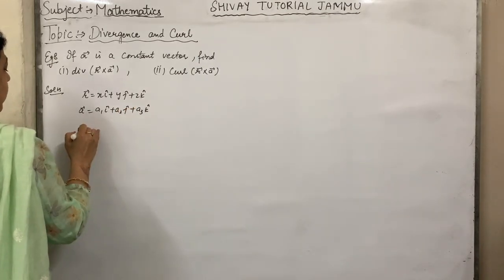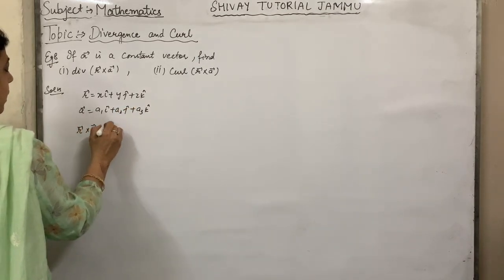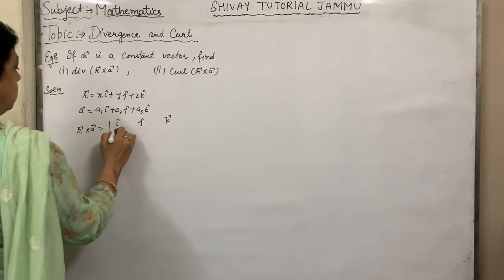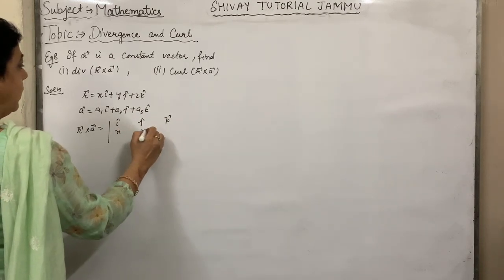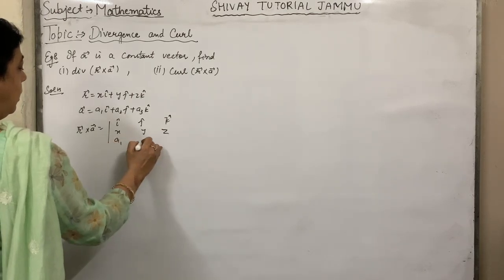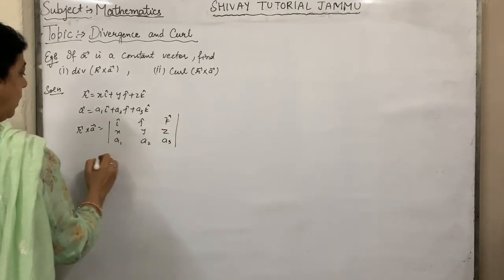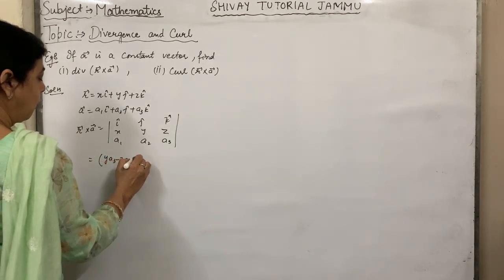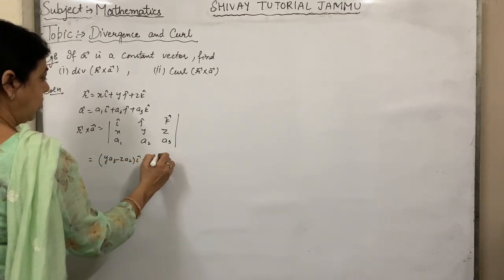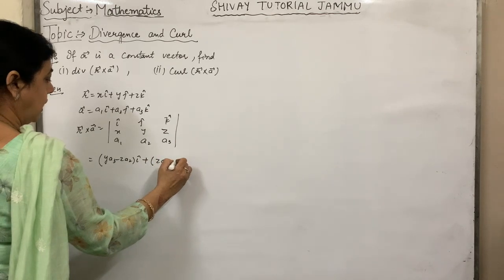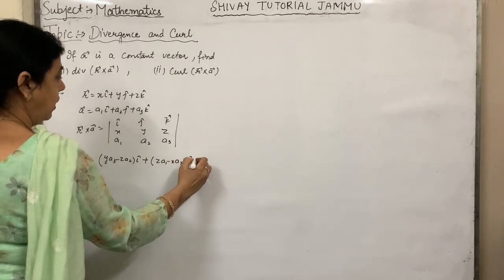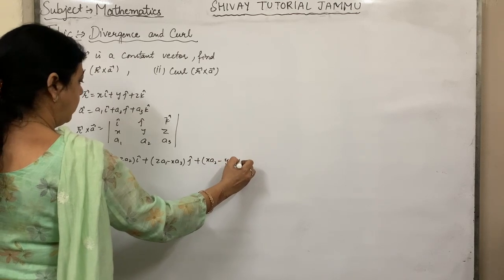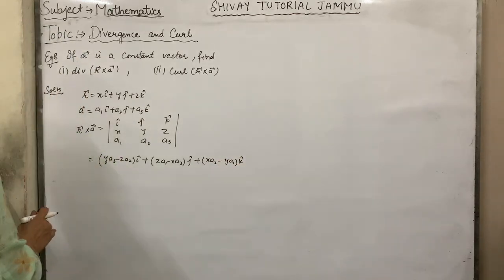Now firstly we will find r cross A. It will be the determinant of i, j, k, x, y, z, a1, a2, a3. Then it will become (ya3 minus za2) with i, and (za1 minus xa3) with j, and (xa2 minus ya1) with k. This is r cross A.